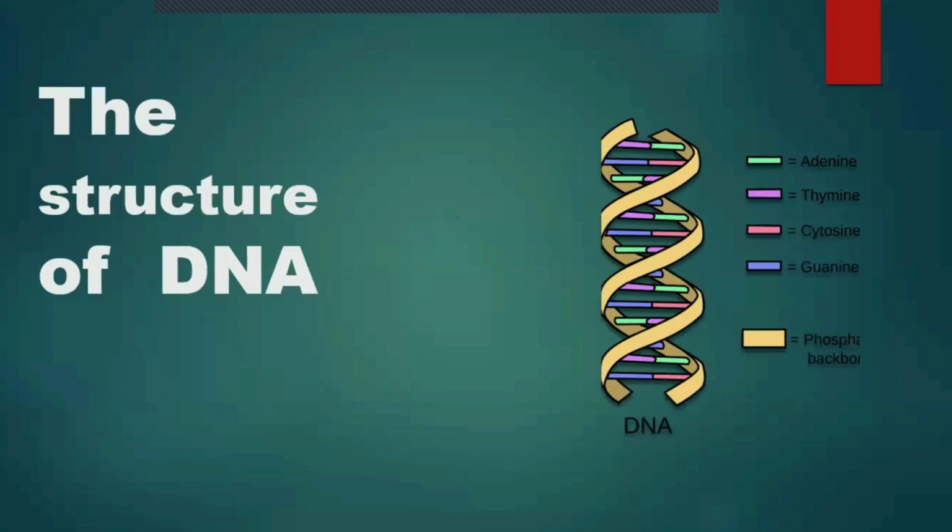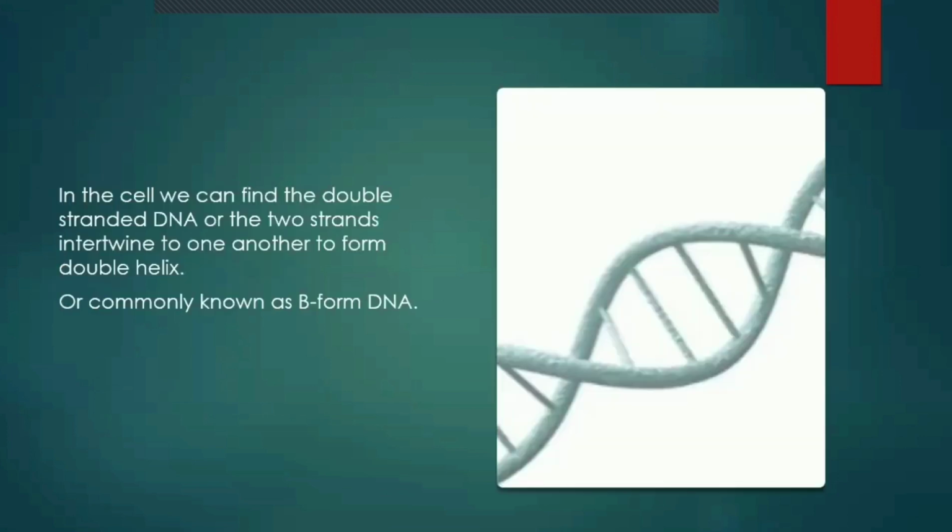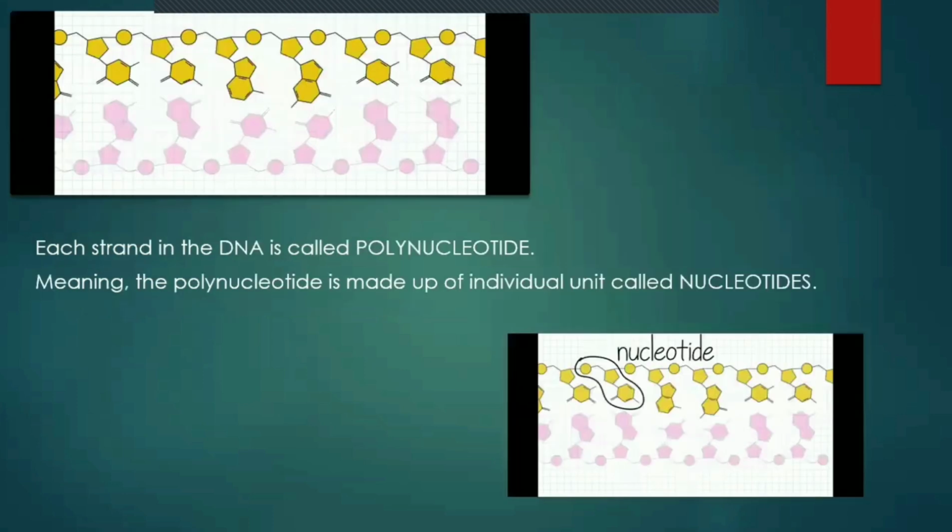The structure of DNA. In the cell, we can find double-stranded DNA, or two strands intertwined with one another to form a double helix, commonly known as B-form DNA. Each strand in the DNA is called a polynucleotide, meaning it is made up of individual units called nucleotides.